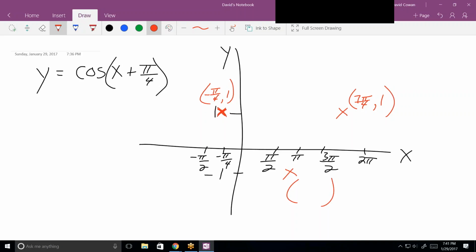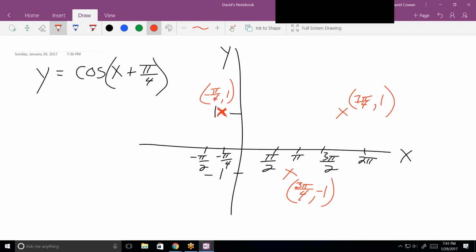Divide that by 2, you get 6 pi over 8. That's 3 pi over 4. Comma negative 1. In other words, 3 pi over 4 is halfway in between these two. Notice that it's exactly 4 pi over 4 from minus pi over 4, and it's exactly 4 pi over 4 from 7 pi over 4.